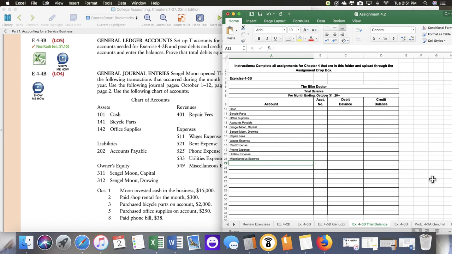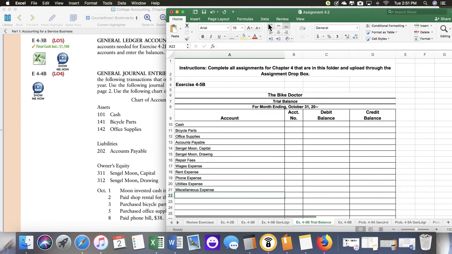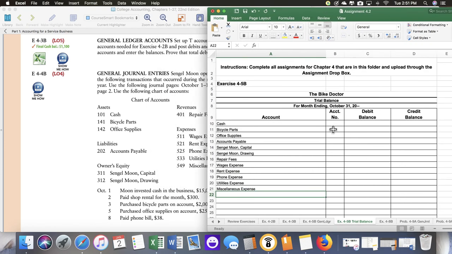So now that we have the accounts listed, let me zoom in on this for you. We need to put the account numbers. Again, these are just coming off of the chart of accounts. You will notice assets start in the 100s.